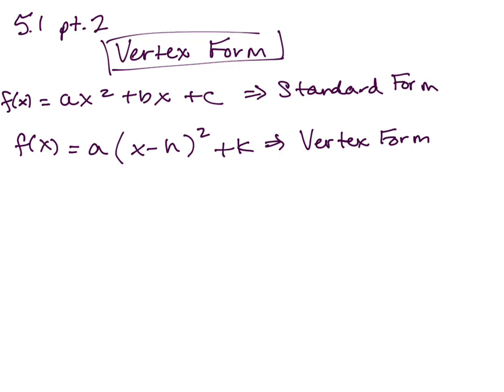What is so cool about vertex form is that you can eyeball the function and tell where the vertex is. It tells you exactly where the vertex is located. The vertex is going to be located at (h, k). And if you go back to your transformation laws, you can see it.